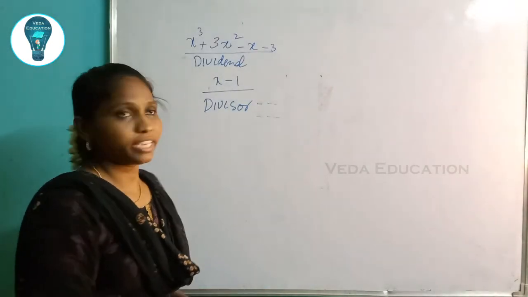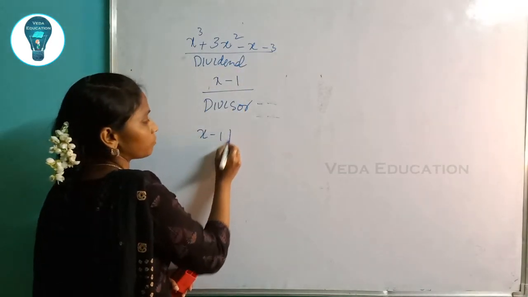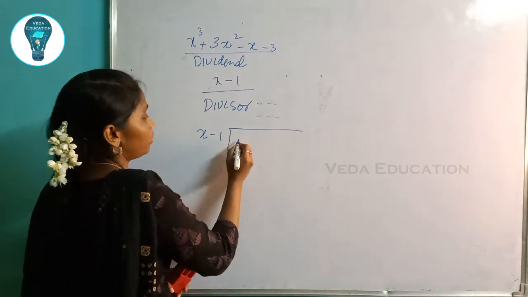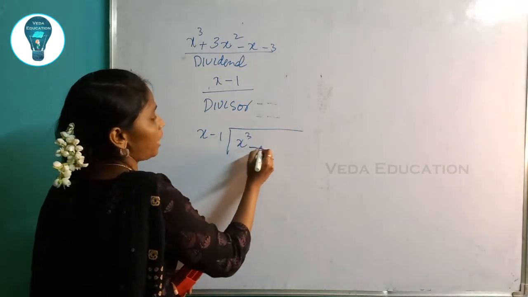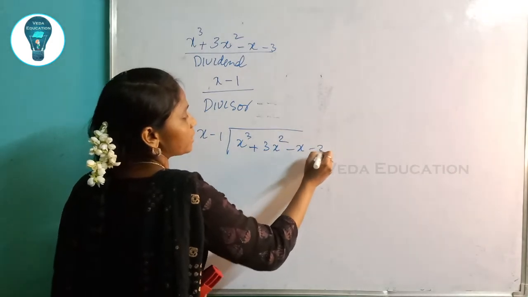By using this divisor, we will divide this dividend. The dividend is x cube plus 3x square minus x minus 3.